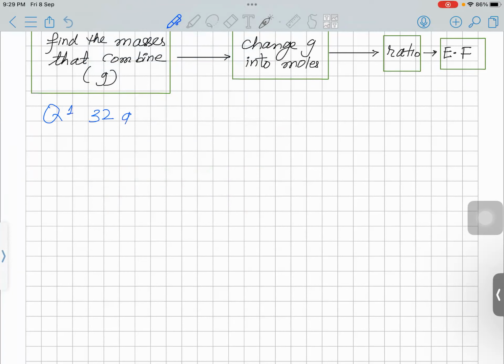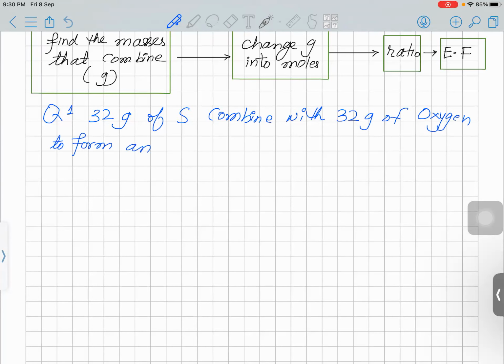If 32 gram of sulfur combined with 32 gram of oxygen to form an oxide, find the empirical formula.